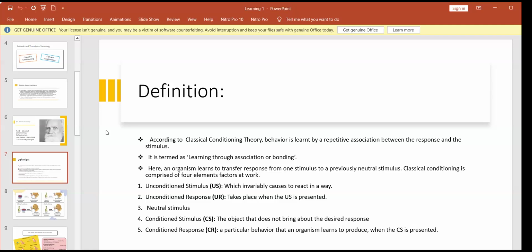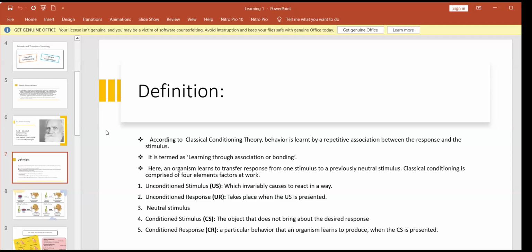For this purpose, he had to cage the dogs in a kennel, and he was measuring the amount of saliva.